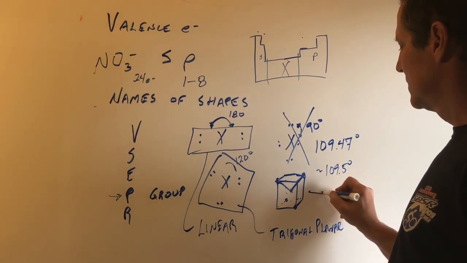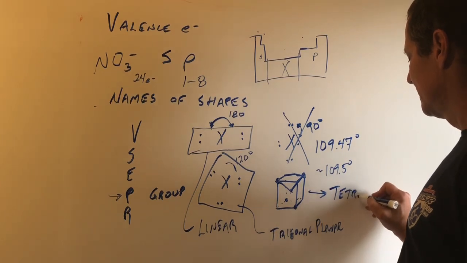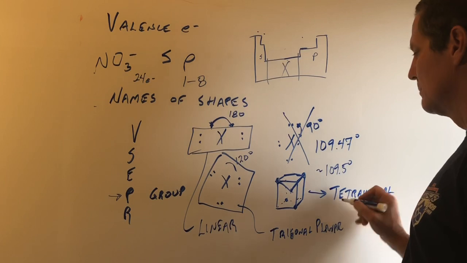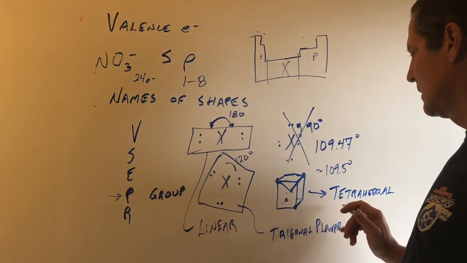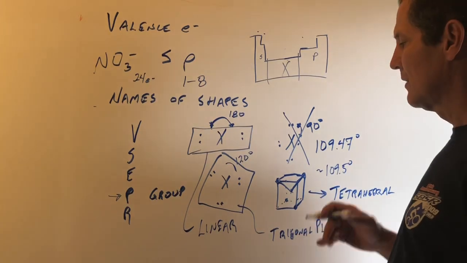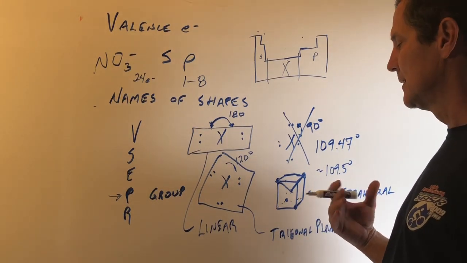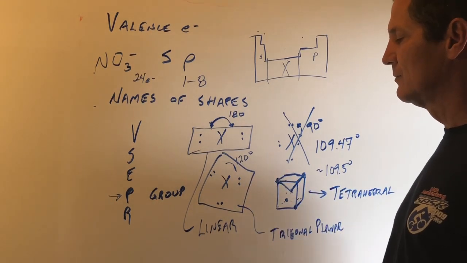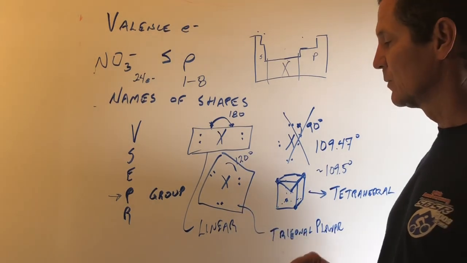And when I have this 109 degree angle, I think I said it, but the name is tetrahedral. So those are our backbone shapes that everything else comes from. Linear, trigonal planar, and tetrahedral. We can have other things that fall out of this depending on whether the electron groups have an atom on them, because when we talk about molecular shape, we care where the atoms are more than where the electrons are.